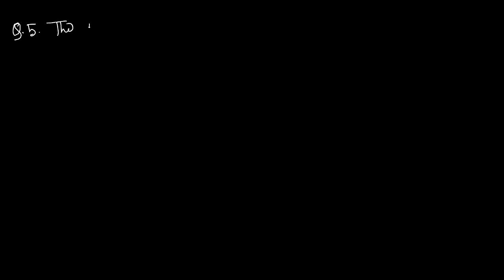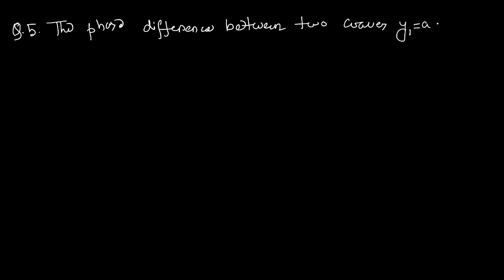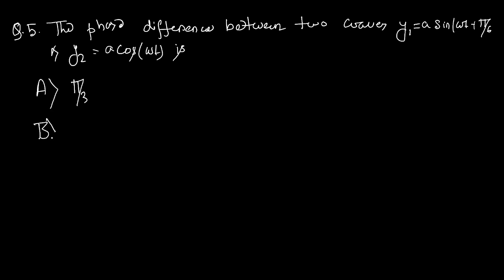The phase difference between two waves, y1 equals A sin(omega t plus pi by 6) and y2 equals A cos(omega t minus pi by 3), is what? Options: pi by 3, pi by 6, pi.